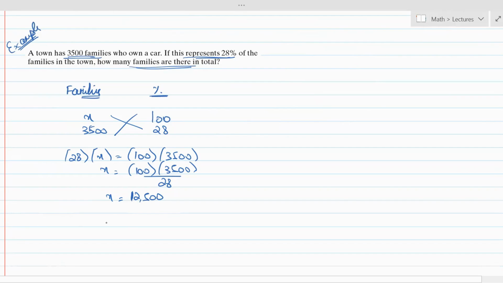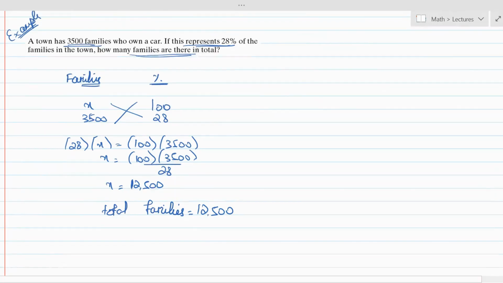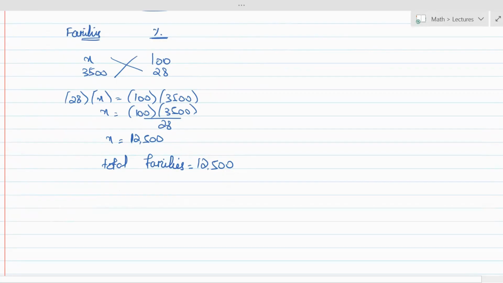So the total families there were 12,500. Here again we have found the original value, and the decreased value is given to us.